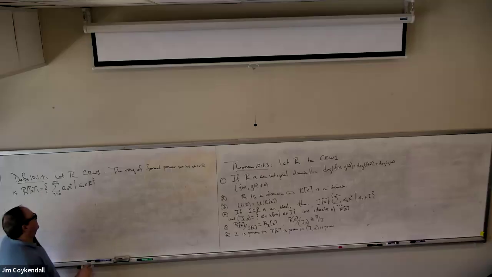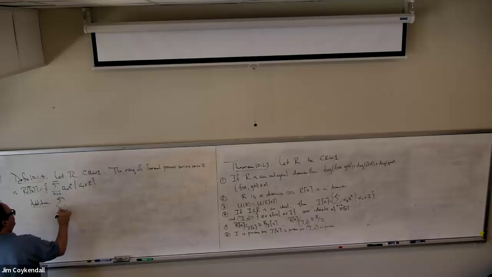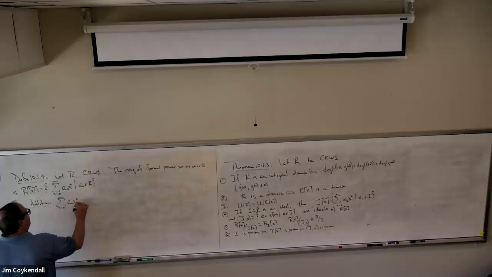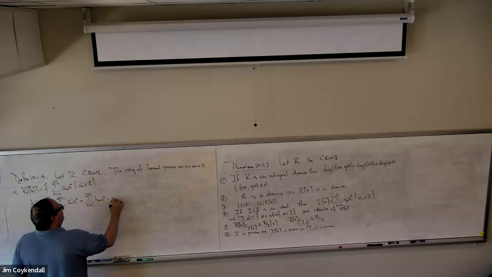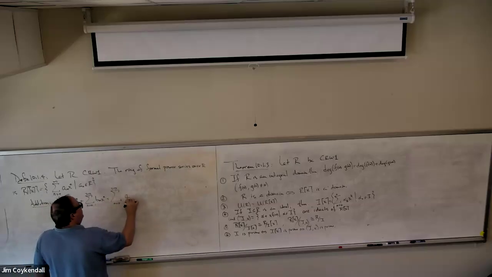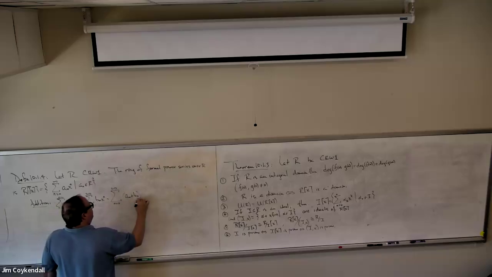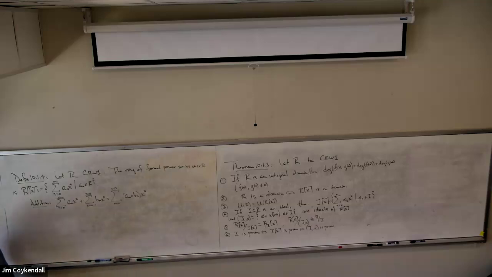Addition is given the same way. Add the power series sum a_n x^n plus the power series sum b_n x^n, and you get the power series sum (a_n plus b_n) x^n. And multiplication is the same way too.